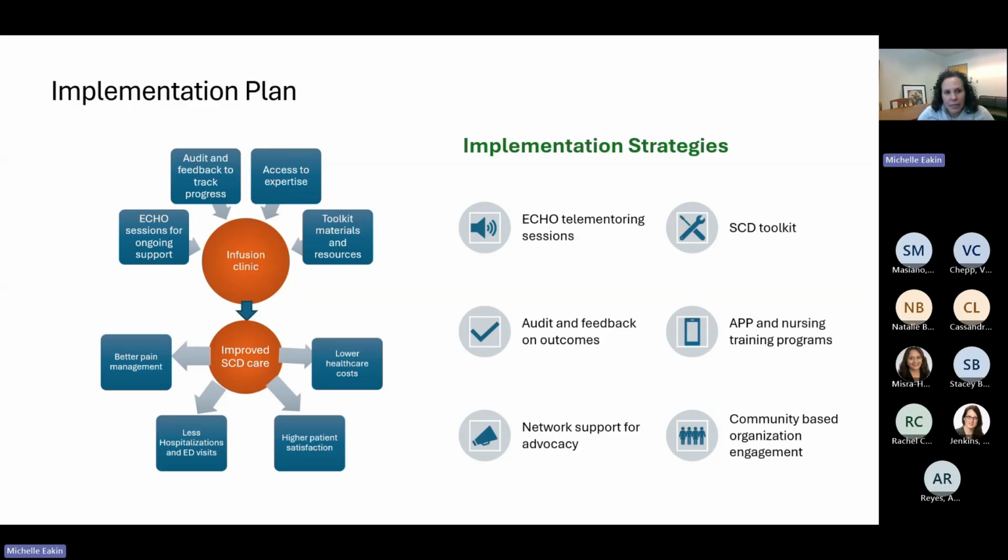We got funding from the HDISC to develop an advanced practice provider and nursing training program that is now a 1-year certificate program, where they go through an online program. They also have 2 weeks of shadowing with our master APP to really learn the clinical skills necessary for infusion center care. And they receive a certificate. It's in the process of being eligible for CMEs and everything.